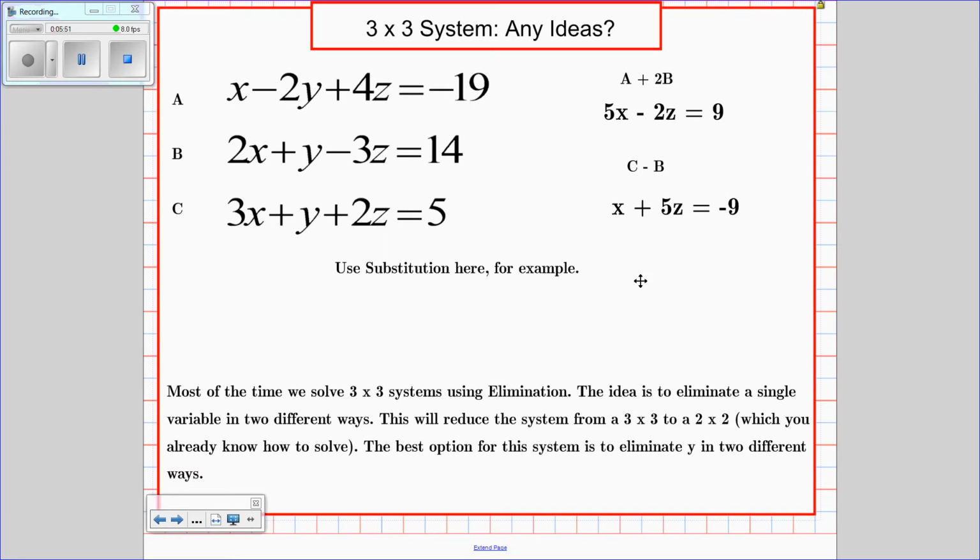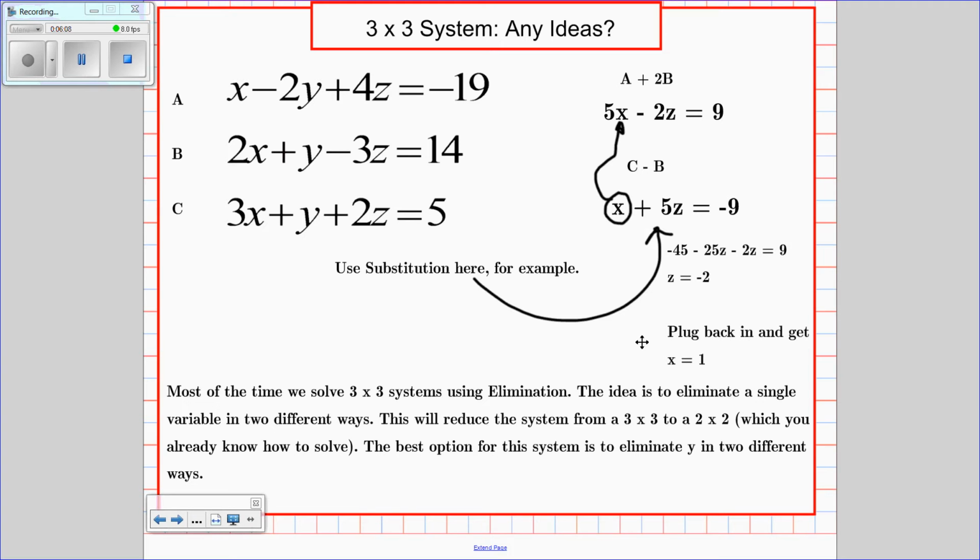So, I'm going to use substitution here. I'm going to take my x plus 5z equation, and I'm going to solve it for x. Then I'm going to plug it back in to the other equation. So when I do that, I get x equals negative 5z minus 9.